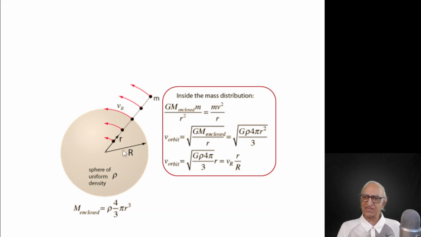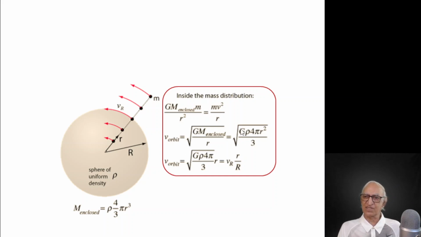What is the mass enclosed within? That is the volume, 4 by 3 pi r cubed, multiplied by the density. And there is an r in the denominator, so it will become 4 by 3 pi r squared multiplied by rho multiplied by G. That is the orbital velocity.